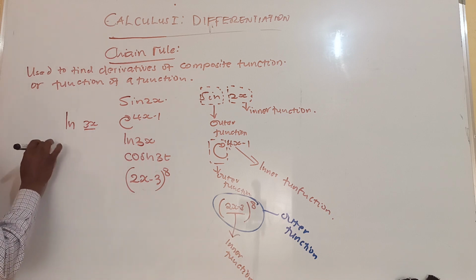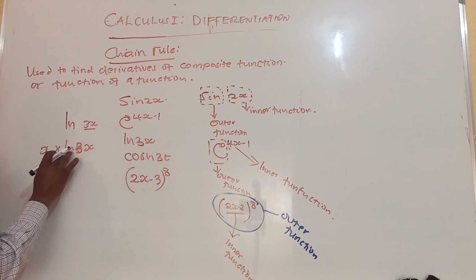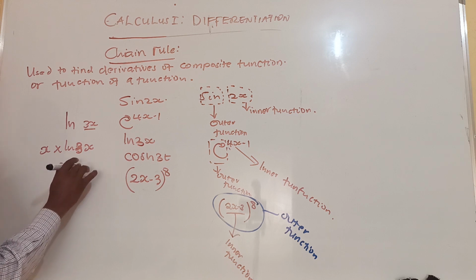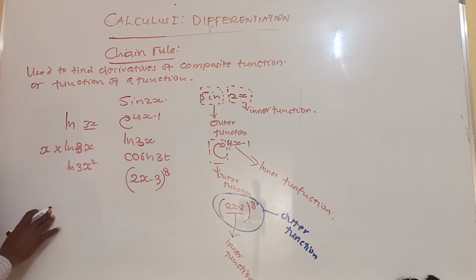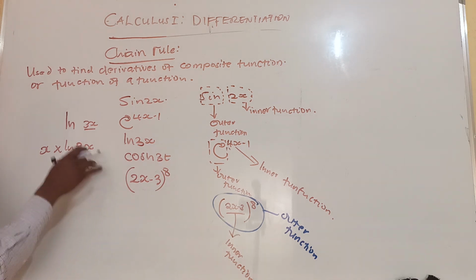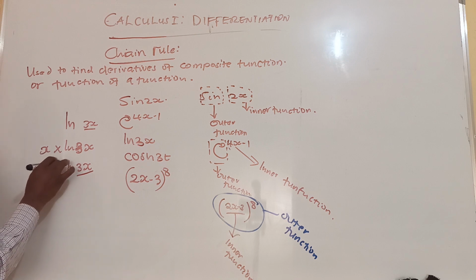If you are told to multiply x times ln 3x, you cannot say it is ln 3x squared. That's wrong, because this 3x is inside the natural log, so it cannot be multiplied by this x. The farthest you can go is that. You cannot go beyond that.